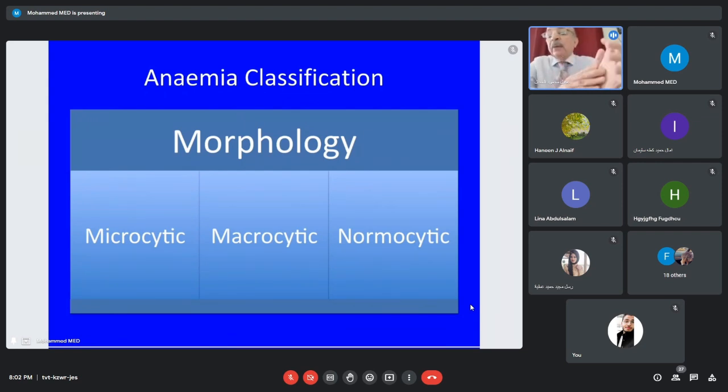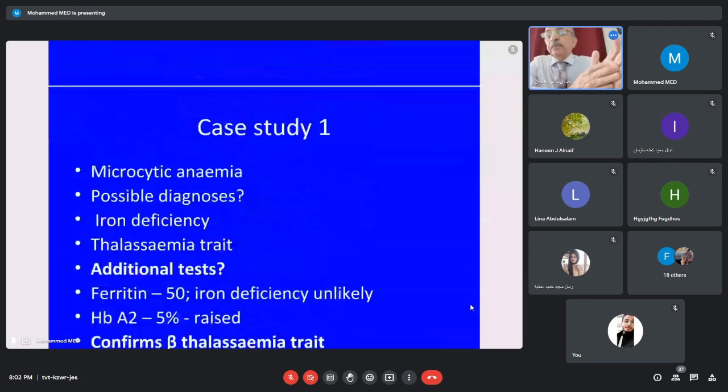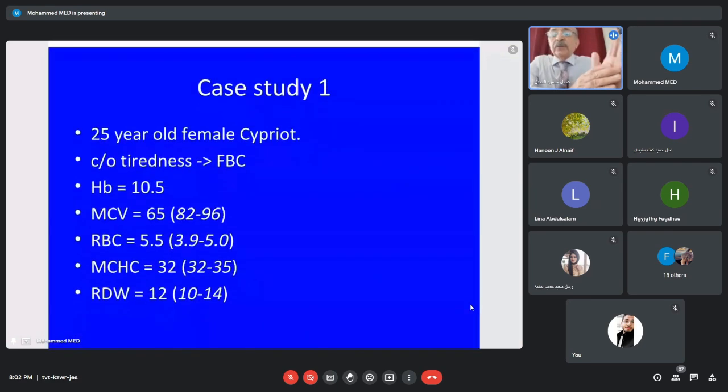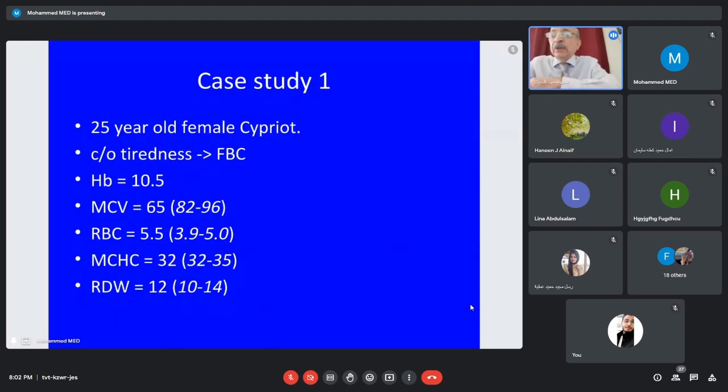Okay, now Muhammad, please go to the first slide. Go up. Yes. This is an example. We will come to this example. But this is a common question for data interpretation, a very good question for data interpretation.